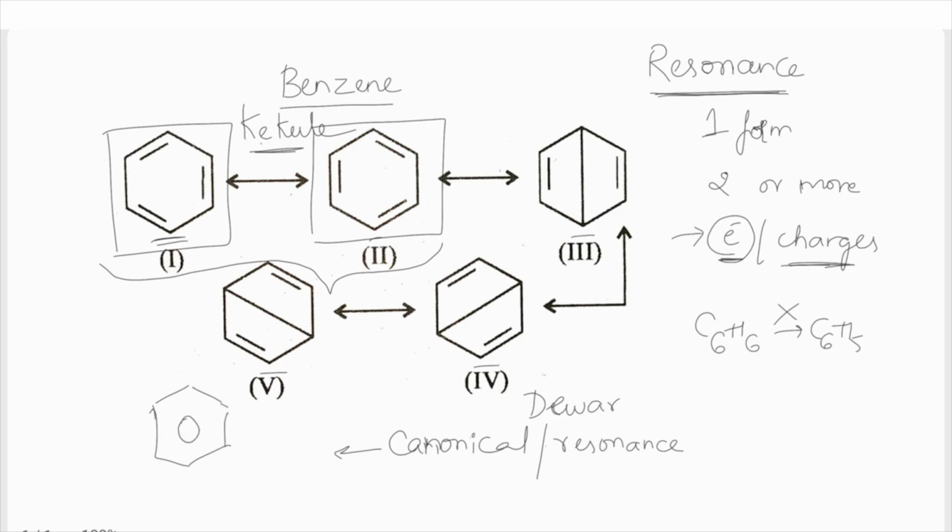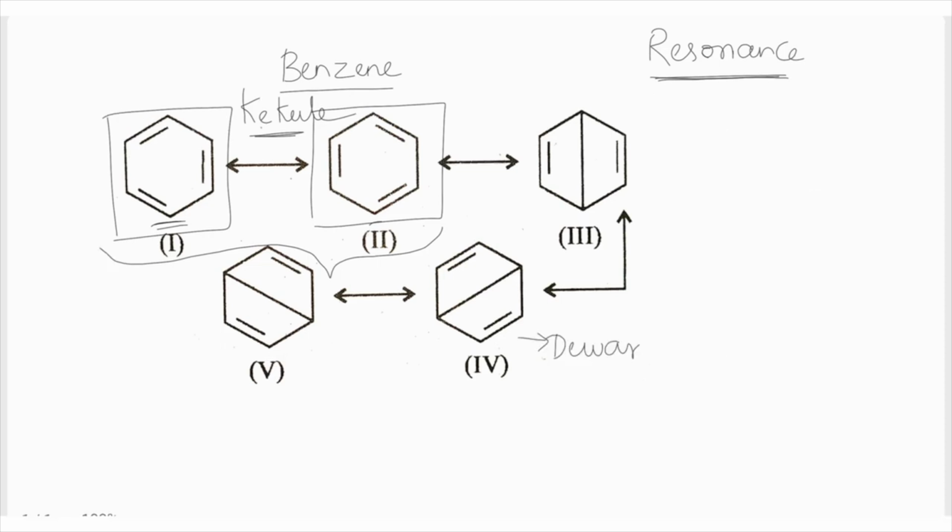We write it this way. This circle inside the benzene ring indicates the distribution of pi electrons throughout all the 6 carbons. This is known as the resonance hybrid. The resonance hybrid is the most stable form of the structure which follows all the characteristics. When we say the resonance hybrid is more stable compared to the canonical forms, it's in terms of energy.